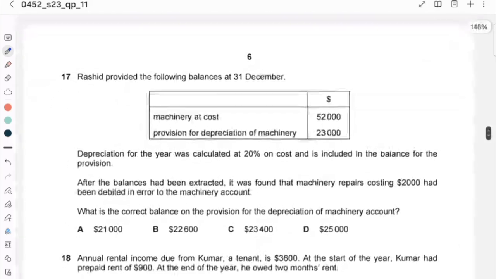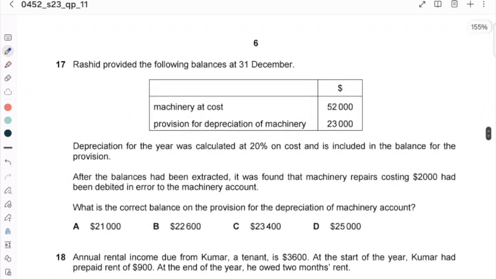Okay, we go to number 17. Rashid provides the following balances at 31 December. Machinery cost 52,000. Provision for depreciation of machinery 23,000.